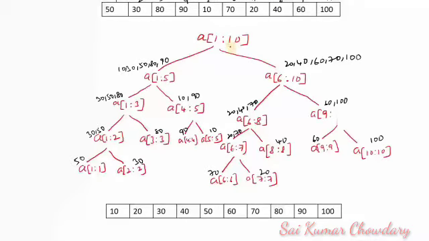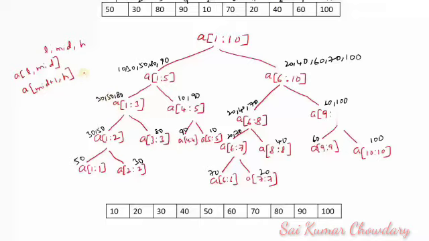So that is the condition here. If I have the initial value l, the mid value and the last value, the high value, I need to divide the array into a of l comma mid, and the other one is a of mid plus 1 comma high.